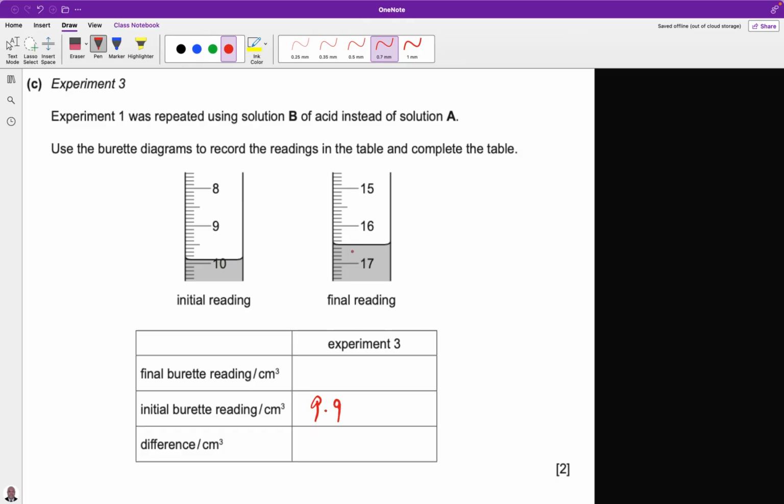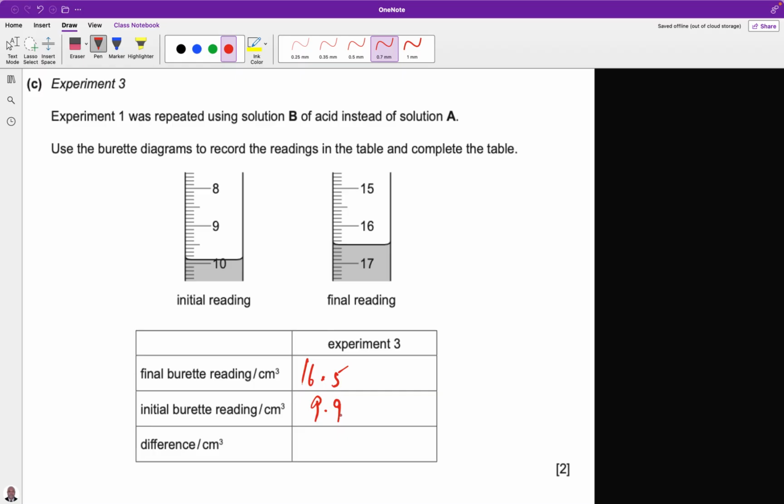Now the final burette reading starts from 16. Now it will be 16.1, 16.2, 16.3, 16.4, 16.5. So our final burette reading will be 16.5.